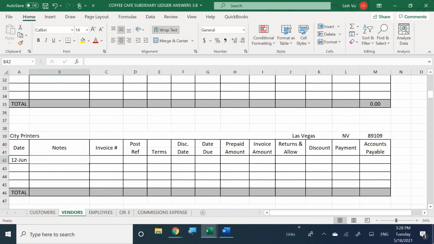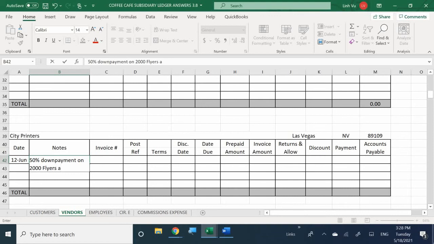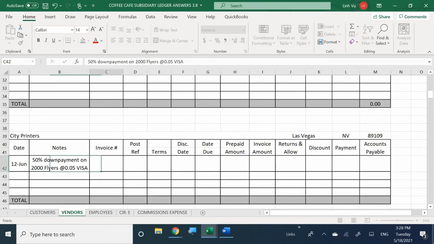My note here is that I had to pay a 50% down payment on 2,000 flyers, at a cost of 5 cents per flyer, and I paid with a Visa credit card.